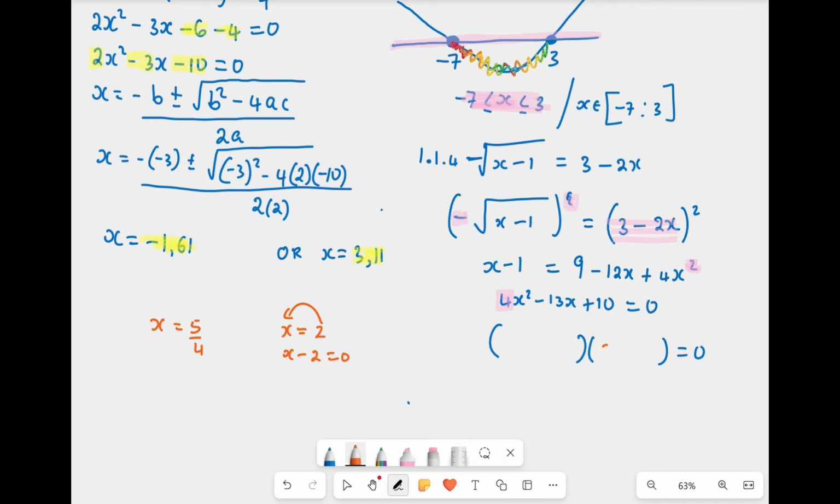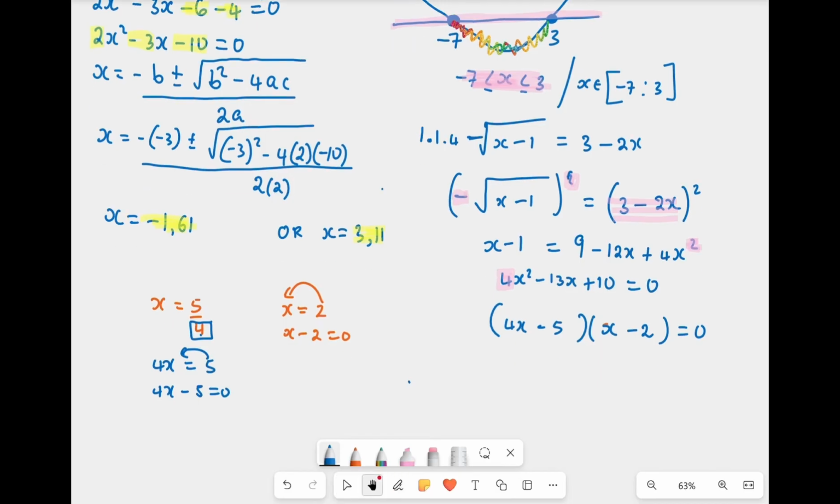With this one, because it is a fraction, we need to multiply everything by 4 first. So you'll have 4x is equal to 5, and then you transpose this 5, and then you will have 4x minus 5 is equal to 0. And then here you just put 4x minus 5, and then you have factorized.